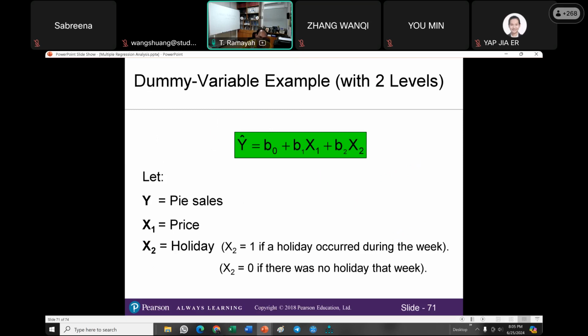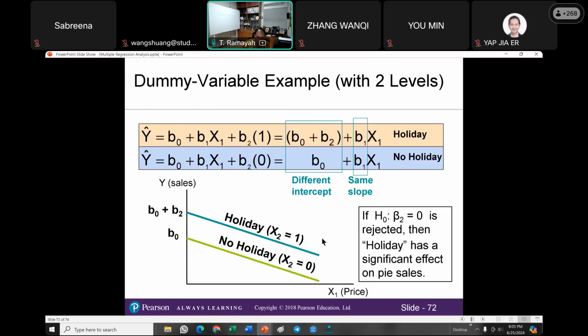Let's say now we want to regress pie sales against price and holiday. For holiday, we have 2 categories: holiday and no holiday. During the holiday period, the number of sales will go up, right? In the non-holiday period, the number will be lower. So when we run the regression, we want to compare whether sales in the holiday period are higher than in the non-holiday period. This is where we are comparing the beta values.